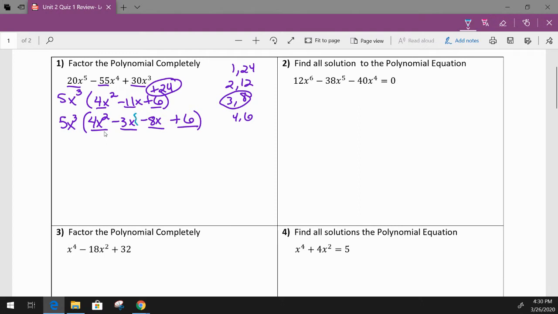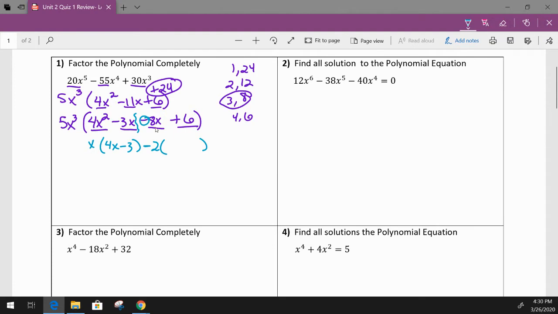If I separate my first 2 terms from my second 2 terms, focusing on just those first 2 terms, what can I factor out? Well, just an x. And when I factor out the x from both of those terms, I'll still have a 4x minus 3. My next 2 terms, I'm going to factor out the negative and a 2.